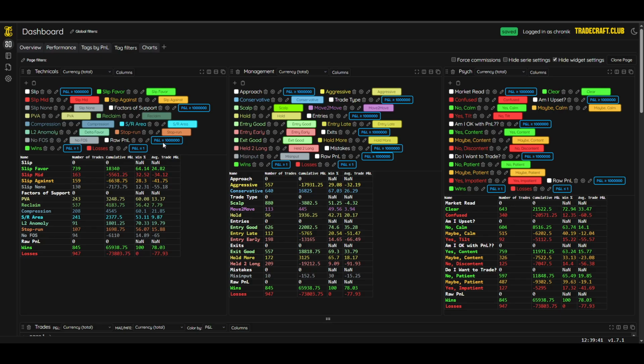Not yet. And then under the untitled, you can name it whatever. So since I'm doing technicals, now I'm going to do the window tags. And then it creates a title here.